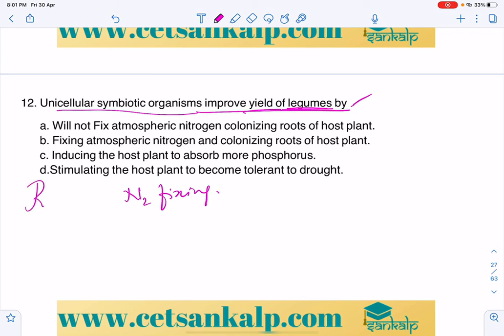That is the rhizobium, which mainly helps in nitrogen fixing and forms root nodules.